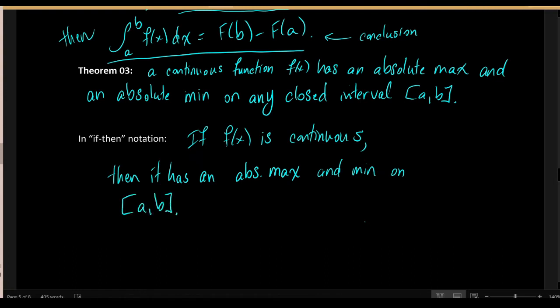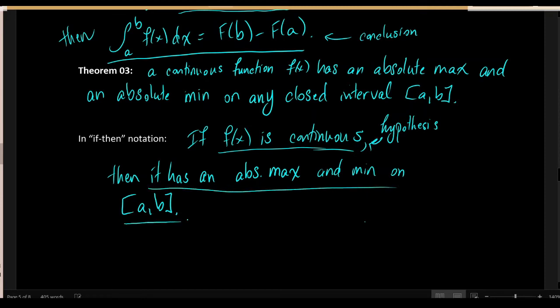So the hypothesis, the thing that we need to be true in order to use the theorem, is that f of x has to be continuous. And the conclusion, the thing that we know as a result of applying the theorem, is that this function will achieve its absolute max and min on any closed interval.